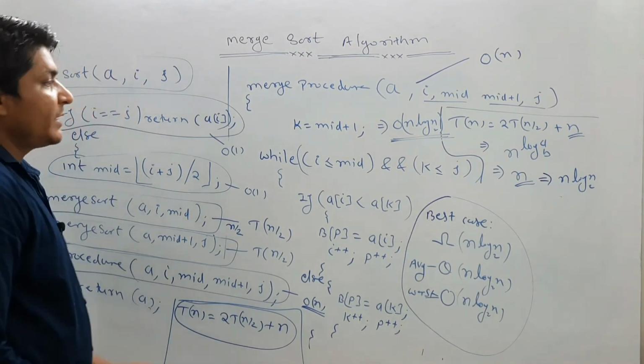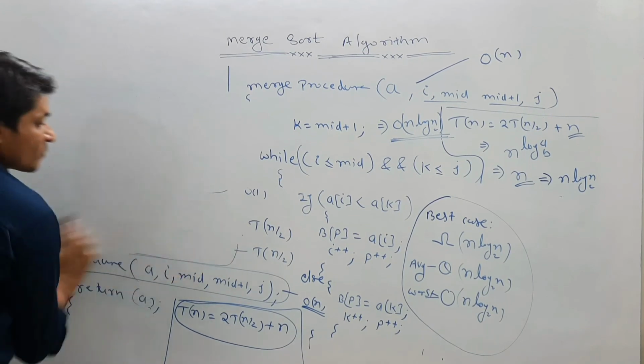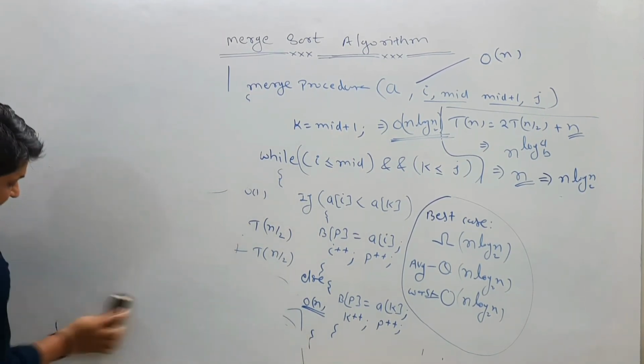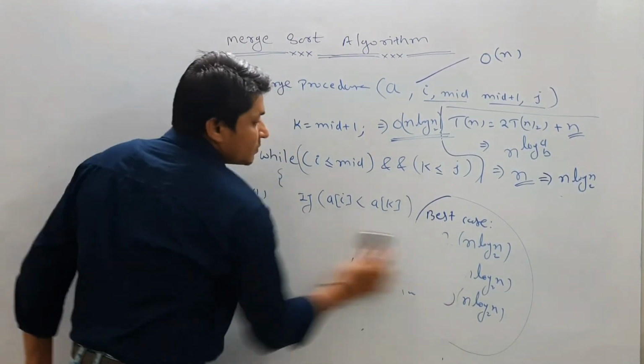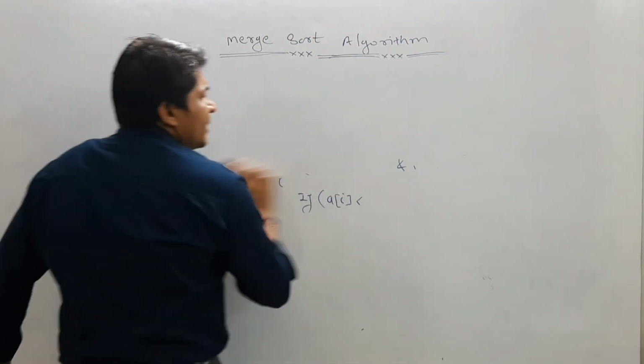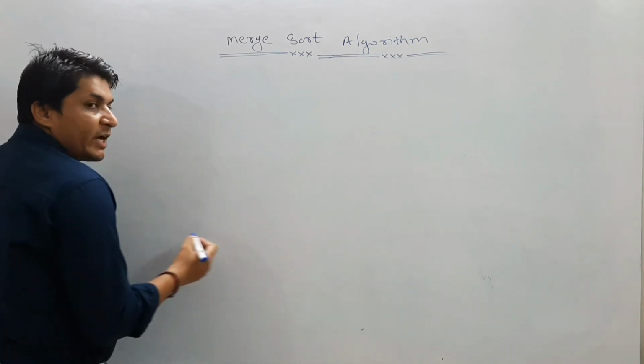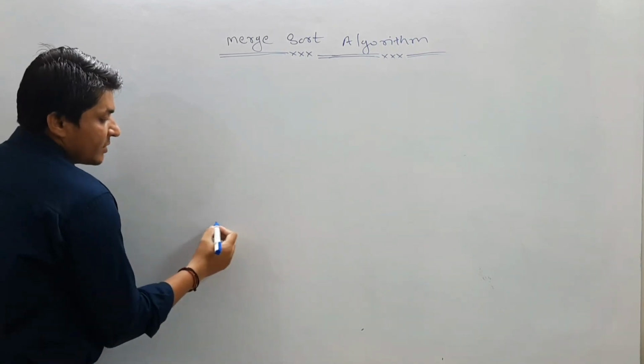Let me explain one more thing. Let me explain one numerical. Let's suppose we have 4 sorted subarrays.